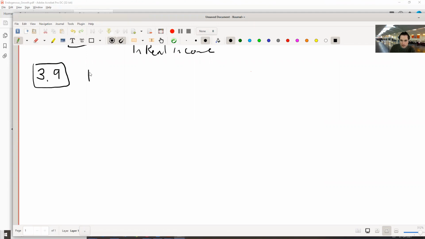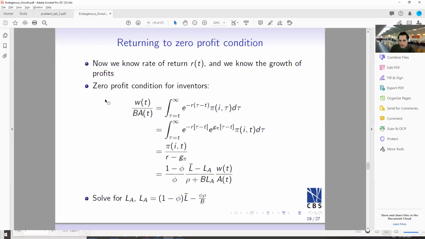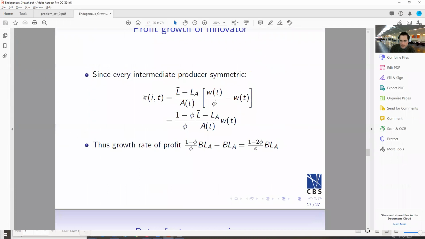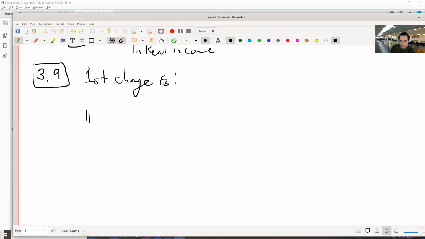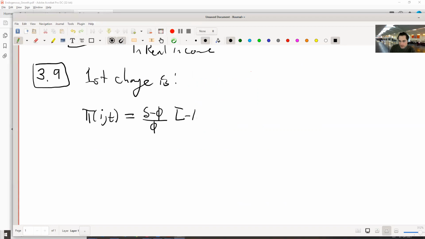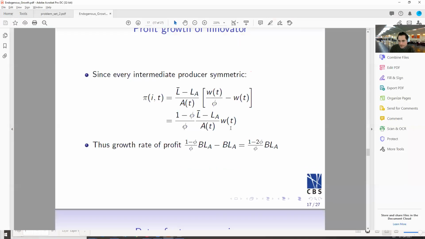First change is that pi IT is equal to delta minus phi divided by phi, L bar minus LA divided by AT, times WT, if I'm not wrong.